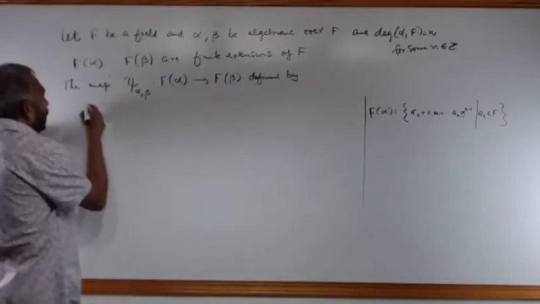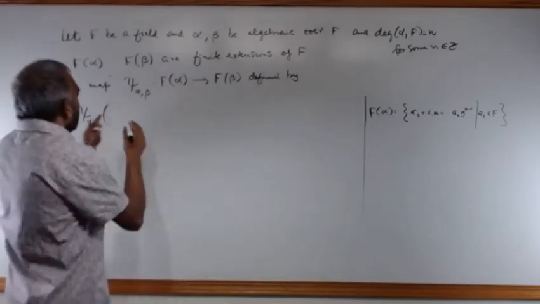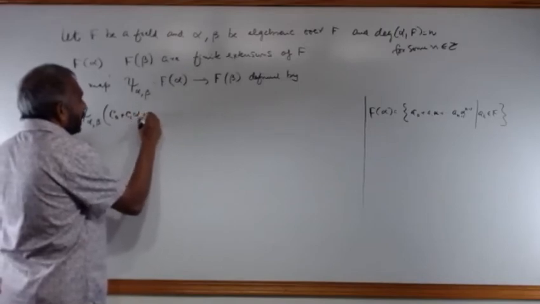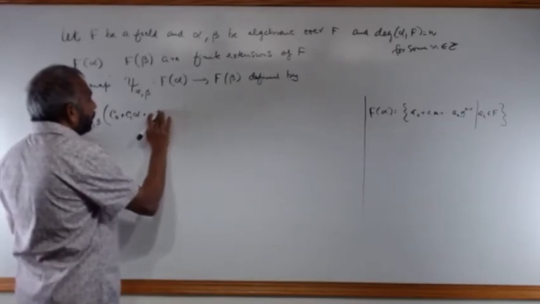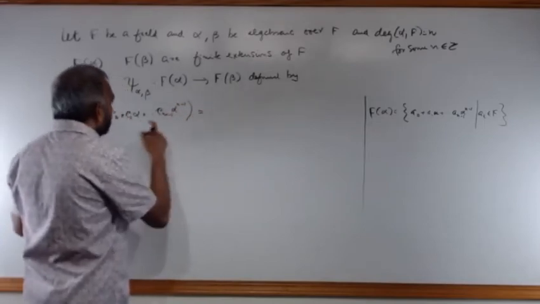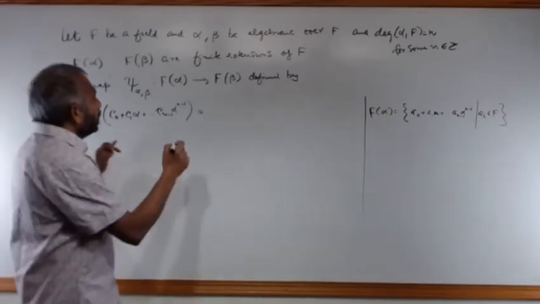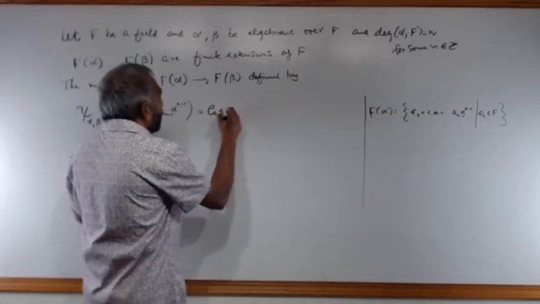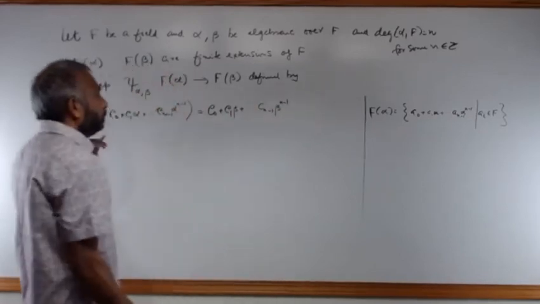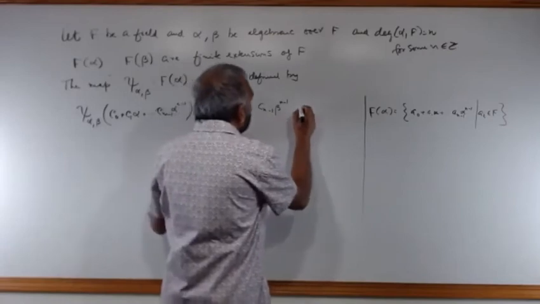So that is how we are going to define psi_{alpha,beta}: instead of a, I am going to use c0 plus c1 alpha plus ... plus c_{n-1} alpha to the power of n minus 1, which is definitely an element here, is mapped to c0 plus c1 beta plus ... plus c_{n-1} beta to the power of n minus 1, and this actually belongs to F(beta).